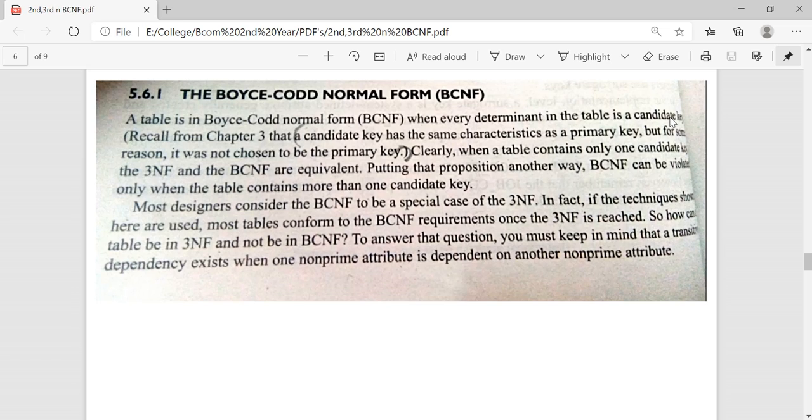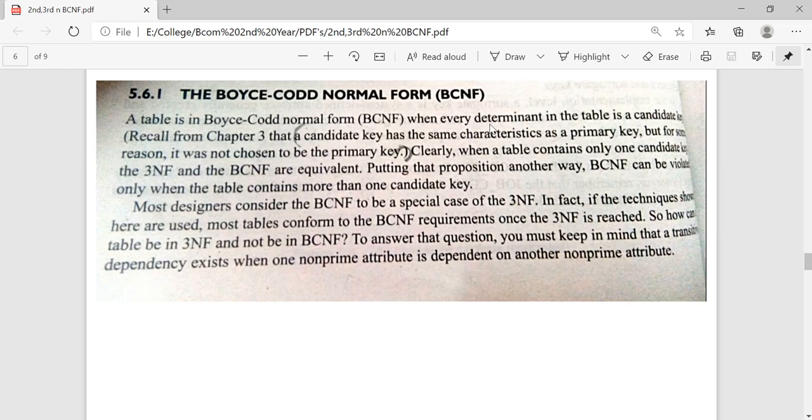So the condition of BCNF is about every determinant. Not all attributes will help us to identify other attributes in the table, only one or two or at the max three attributes will help us.